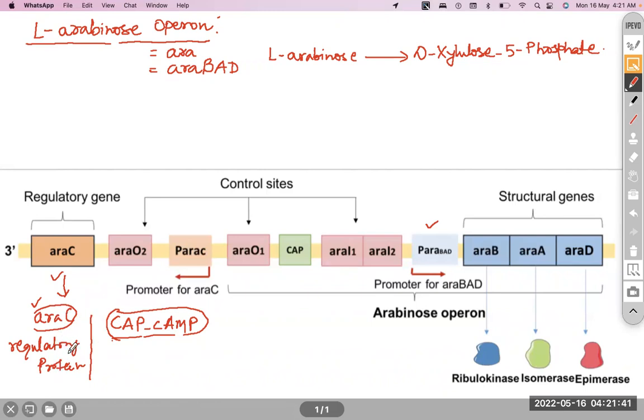RAC protein controls the expression of araBAD as well as it auto-regulates its own expression at high RAC level.